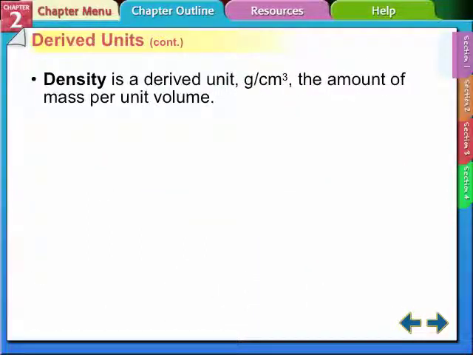Density is also derived. It's mass over volume. So mass has a base, but volume is, of course, derived. The units that we use in chemistry are grams per cubic centimeter. There is an SI standard for density, even though it's a derived unit, of kilograms per cubic meter.